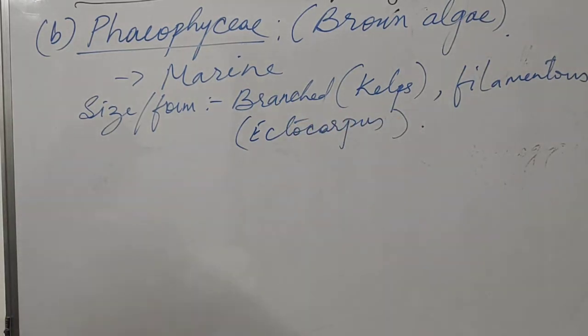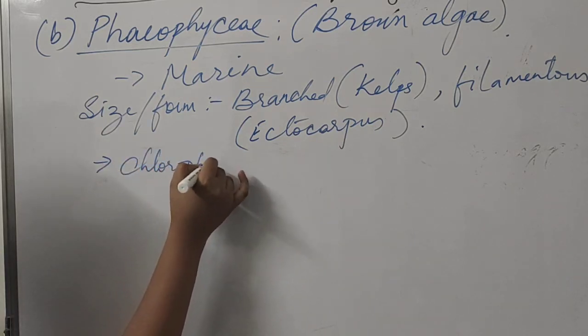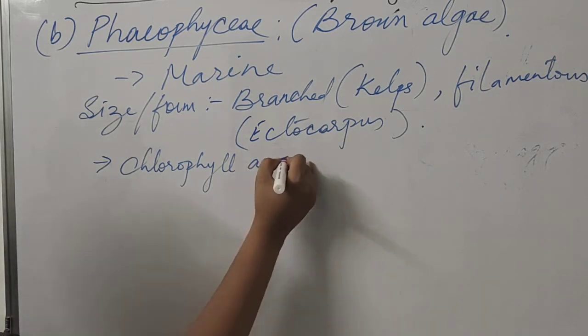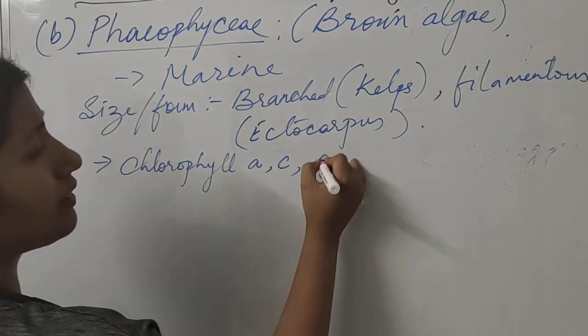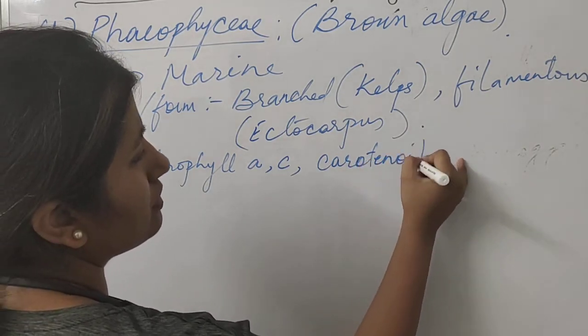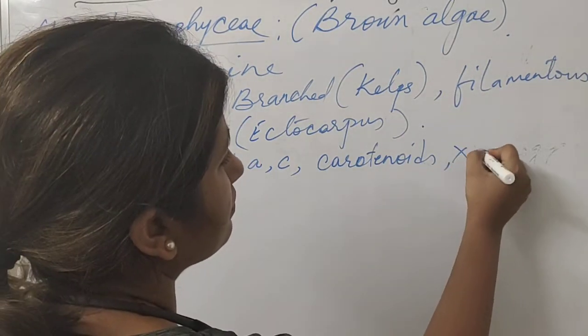Okay, and they contain chlorophyll a, c, and also carotenoids, pigments xanthophyll and fucoxanthin.